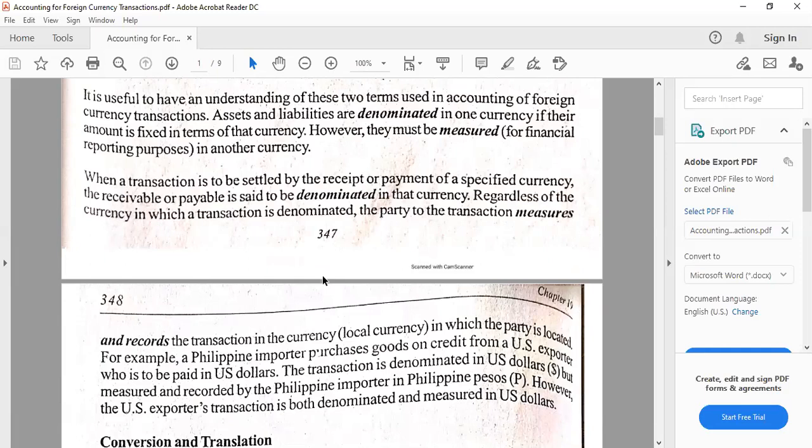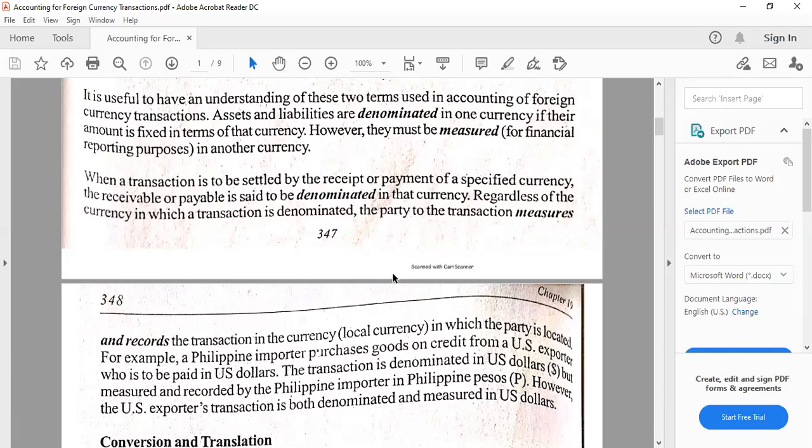For example, a purchase transaction where we bought goods on credit in US dollars is a foreign currency transaction if it is denominated and expressed in United States dollars and to be settled in United States dollars. If it's stated in Philippine pesos and to be paid in another currency, that's not a foreign currency transaction.